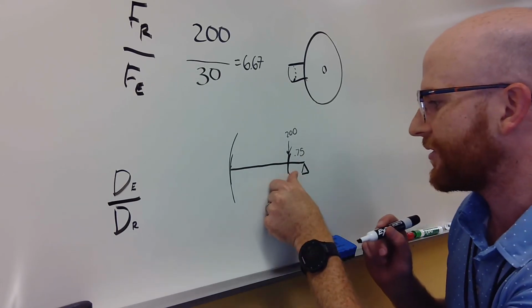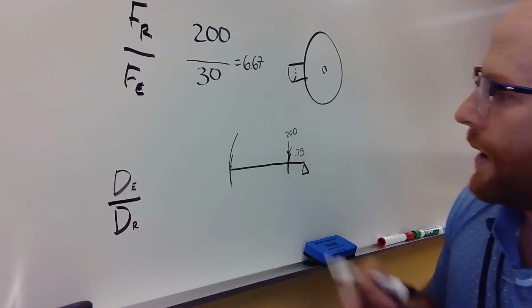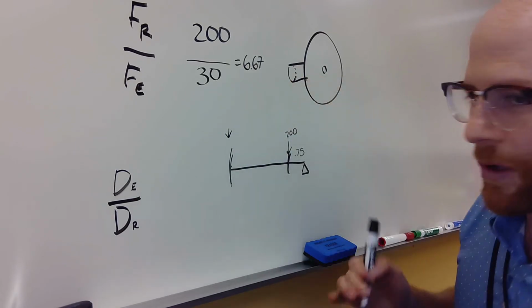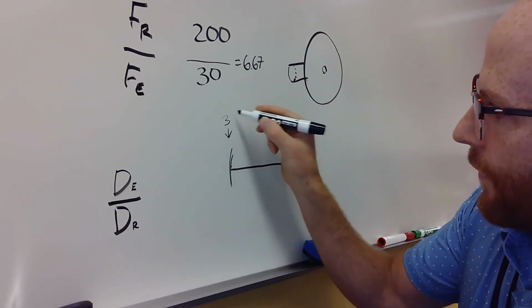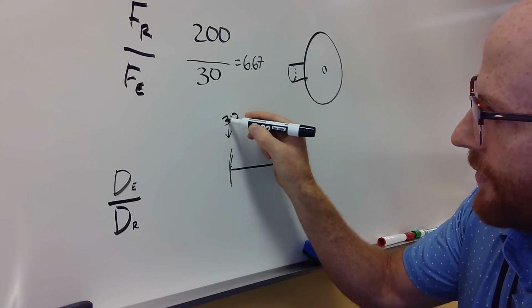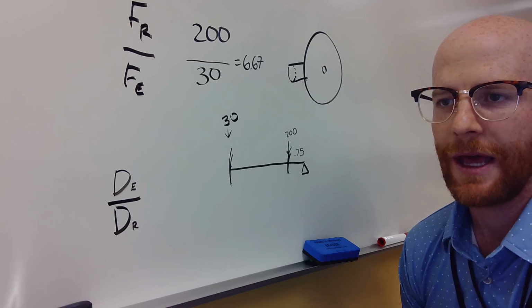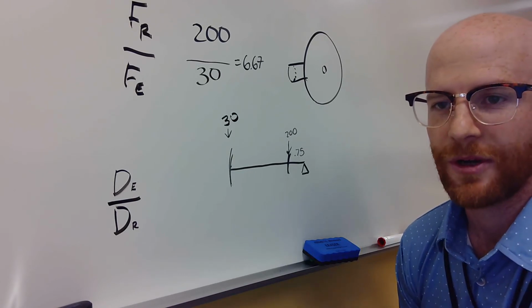We've just turned this into a lever problem. The edge of the wheel is where our hands are, and we apply 30 pounds of force right there. We'll look at this like an algebra equation.